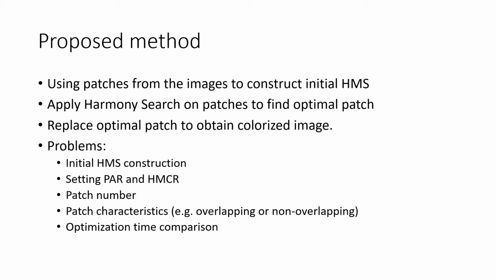as well as other characteristics such as whether patches are overlapping or non-overlapping. If I go for non-overlapping, I will get fewer patches, but it might have some artifact problem because the patches are not connected, and maybe the intensity in one block differs from another block.